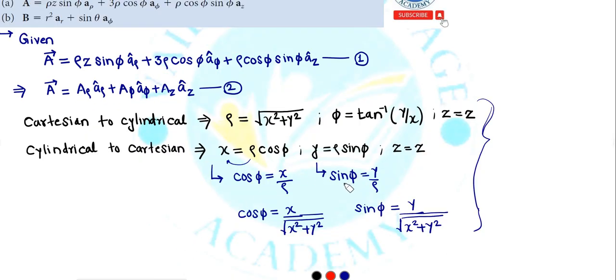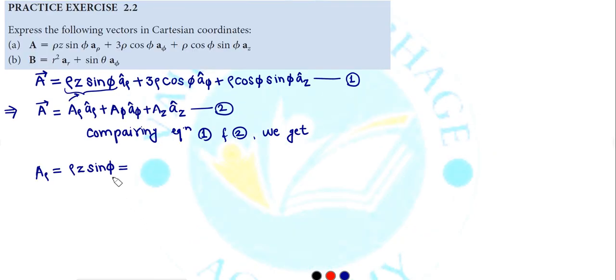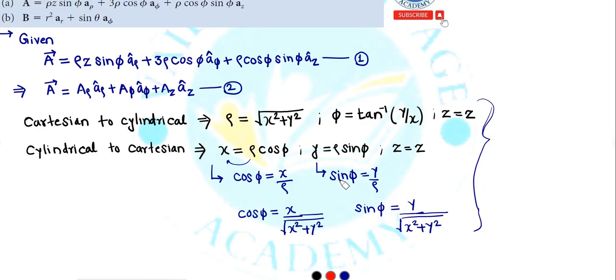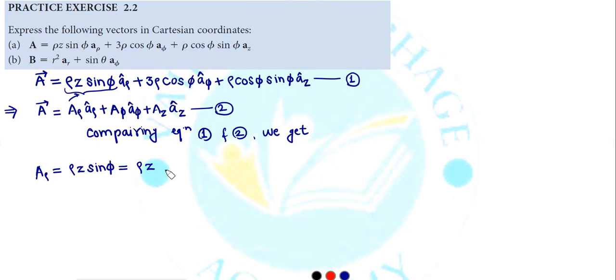From the previous slide we have sin phi equals y upon rho. So we place that value: rho stays as it is, z stays as it is, and sin phi is y upon rho.